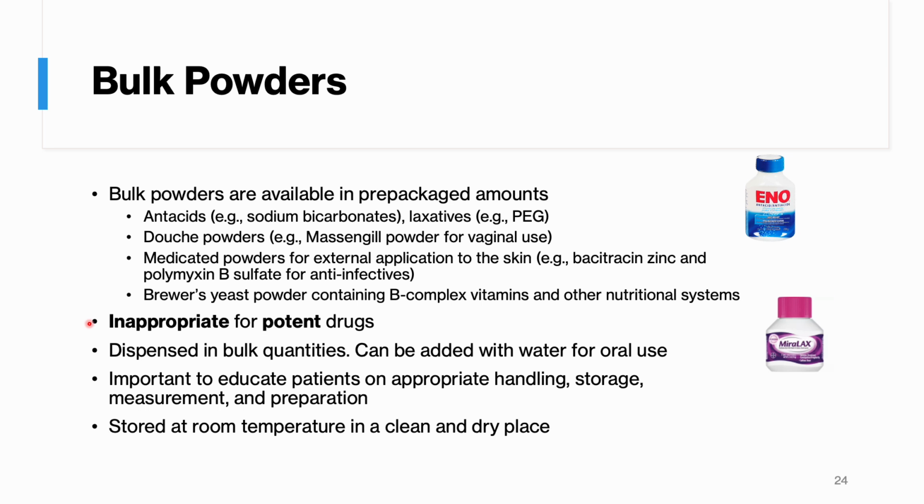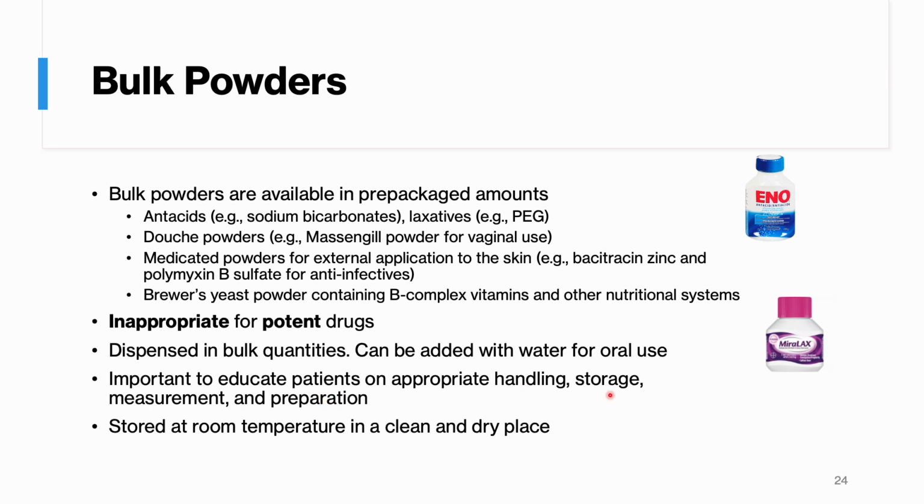Bulk powder has advantages: it can be in dispensable quantities and the cost can be cheaper. Some bulk powders can be taken out and mixed with water for oral use. For patients using bulk powders, it's important to educate them on appropriate handling, storage, measurement, and preparation.